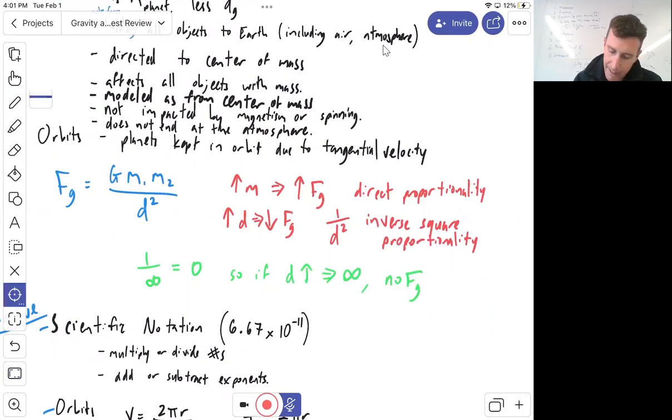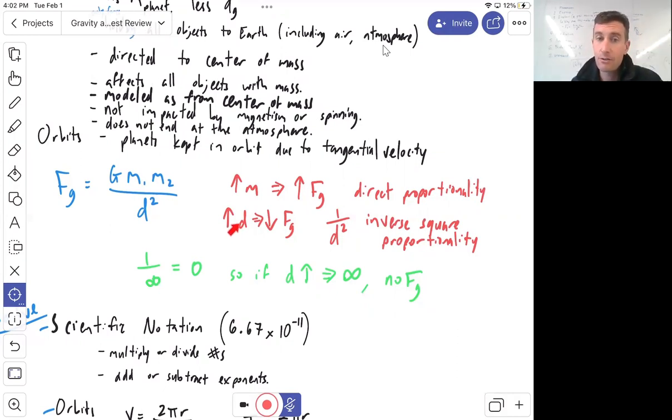It also means that distance and force of gravity are inversely proportional and inverse square proportional. So 1 over the distance squared leads to that much decrease in the force of gravity. If the distance increases 2 times, 2 squared is 4, force of gravity would go down by 4 times.